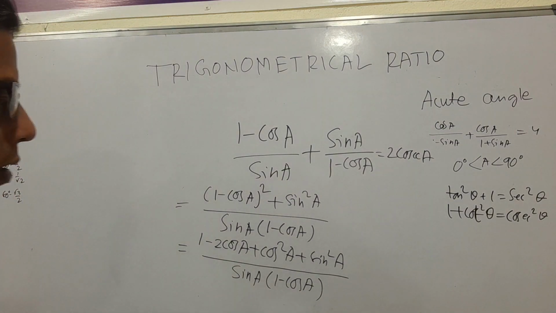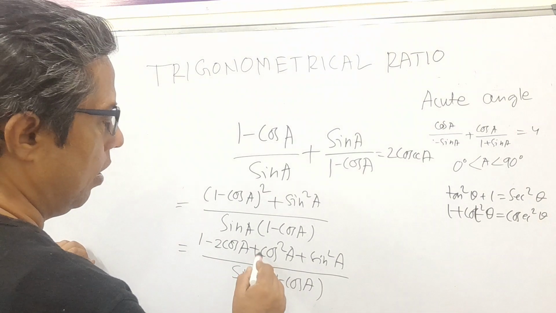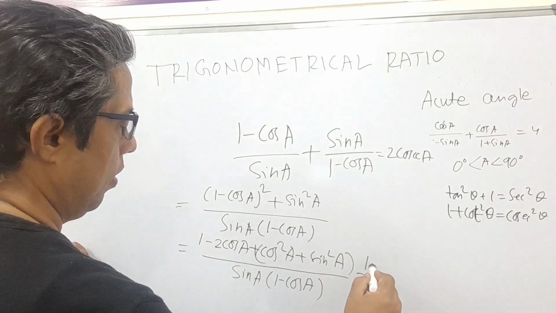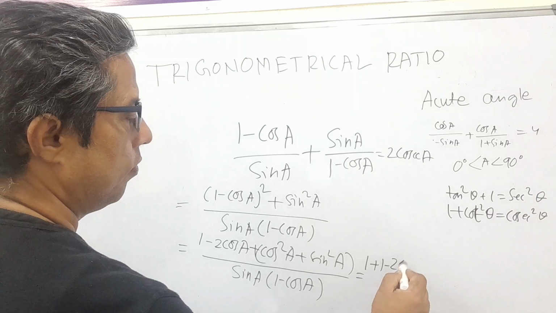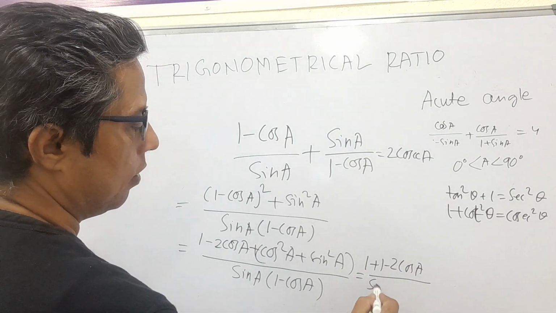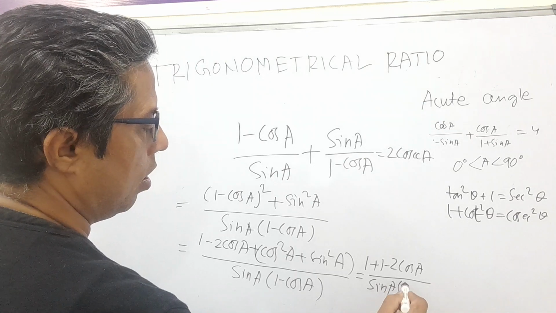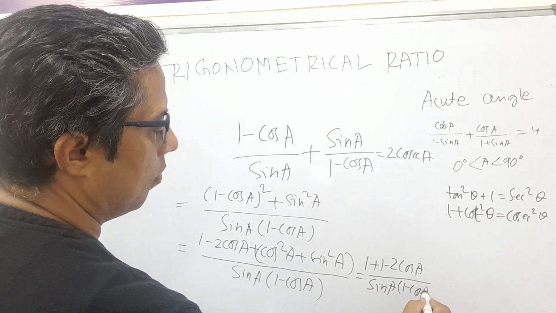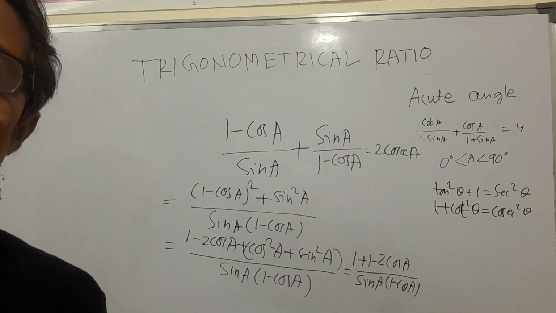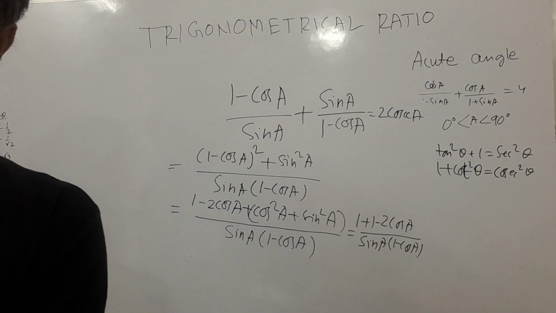Now cos square A plus sin square A is equal to 1. So it will be 1 plus 1 minus 2 cos A divided by sin A into (1 minus cos A). Let me focus my camera there for you.